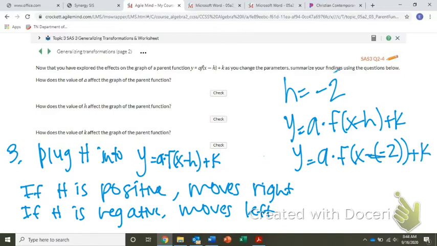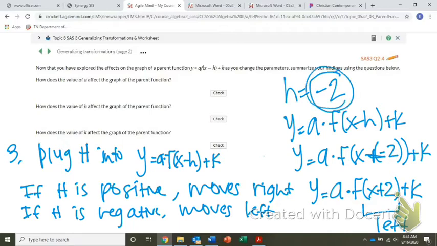Well, those two negatives make a positive. So I can simplify and say y equals a times f of x plus 2 plus k. This goes left because h is a negative number, okay?